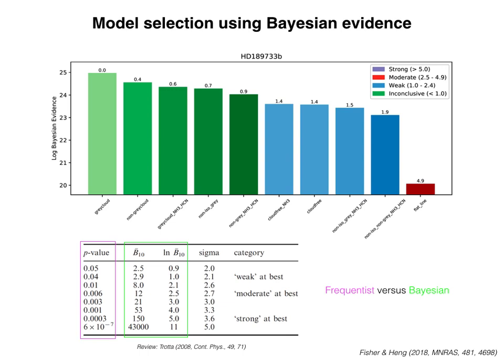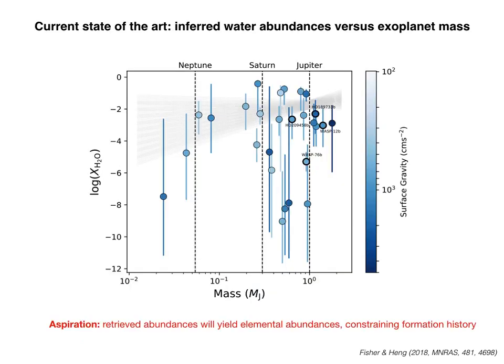So Chloe repeated this type of analysis for 38 objects, at that time anyway. In 2018, there were 38 with transmission spectra. There are now more. She then excluded the objects where the transmission spectra are consistent with flat lines. And then she plotted the inferred water abundances versus the mass of the exoplanet on this plot that you see.